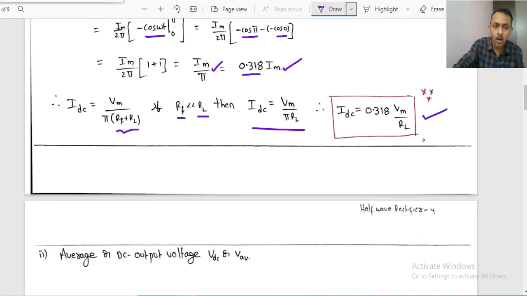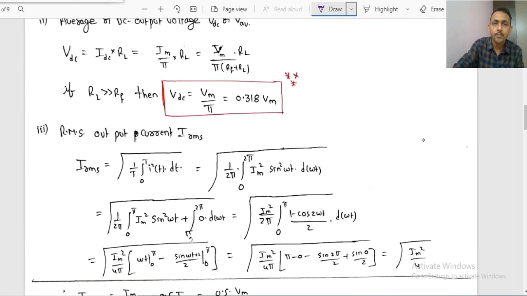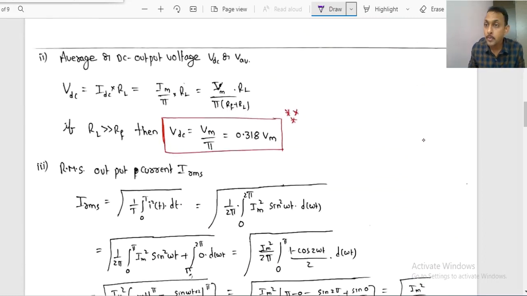Now similarly we will calculate the output voltage. What will be the output voltage? It is the current flowing, the IDC current value, into the load resistance, because from Ohm's law we know V equals IR. The DC value of the voltage across the load is equal to the current flowing through the load times the load resistance RL. But IDC we have just derived as Im by π, into RL, and Im is Vm by (Rf plus RL).